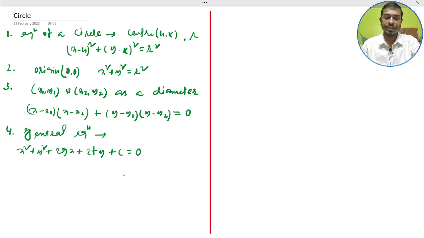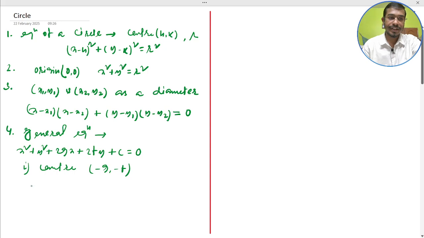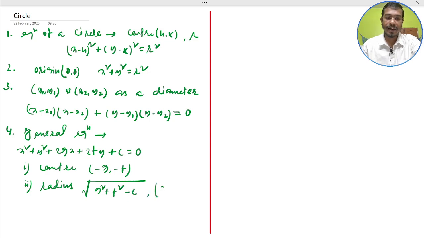This is the general equation of the circle whose center is (minus g, minus f) and the radius is root over g square plus f square minus c, where g square plus f square is greater than or equal to c.